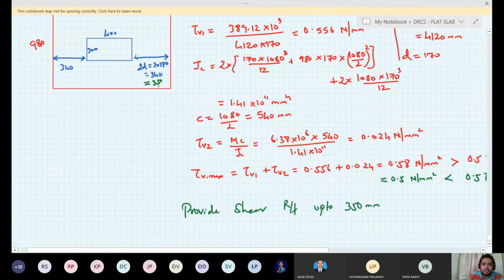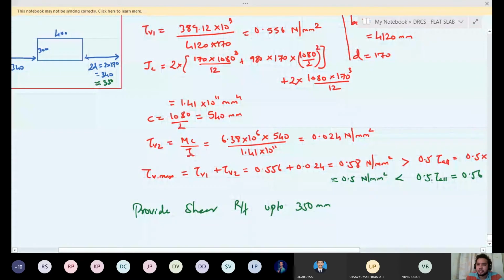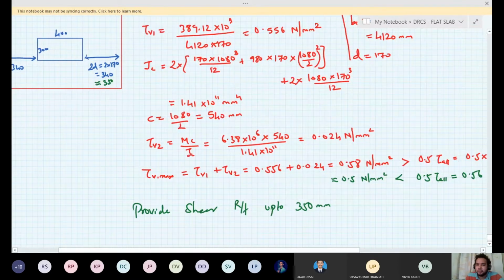If we take the section at 350 and do the same procedure again, the maximum shear stress would be around 0.5, and at that location this condition is satisfied. That means the actual shear stress is less than 50% of the permissible shear stress, that is 0.5 tau allowable. So provide shear reinforcement up to 350 mm from the column face.